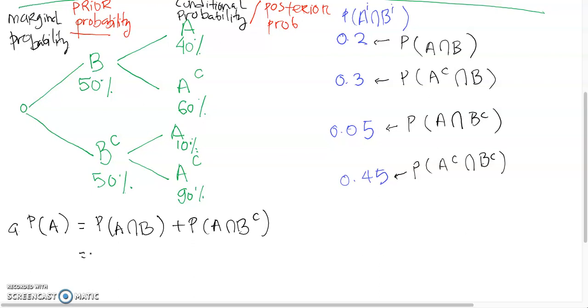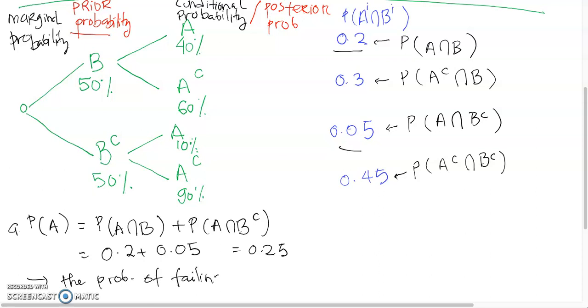We know from the tree diagram, P(A and B) is 0.2, P(A and B complement) is 0.05. So this would be 0.2 plus 0.05, which is 0.25. So we can say the probability of failing is 25%.